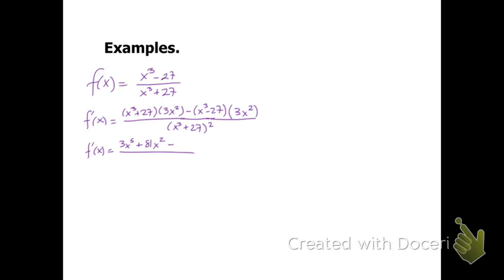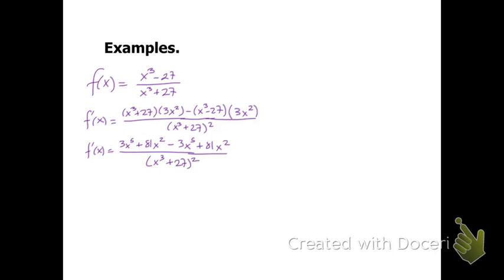So minus 3x squared multiplied by x to the 3rd is going to be 3x to the 5th. Then I have a negative sign, but a negative times a negative is a positive, and then I have 81x squared. And everything is divided by x cubed plus 27, squared.